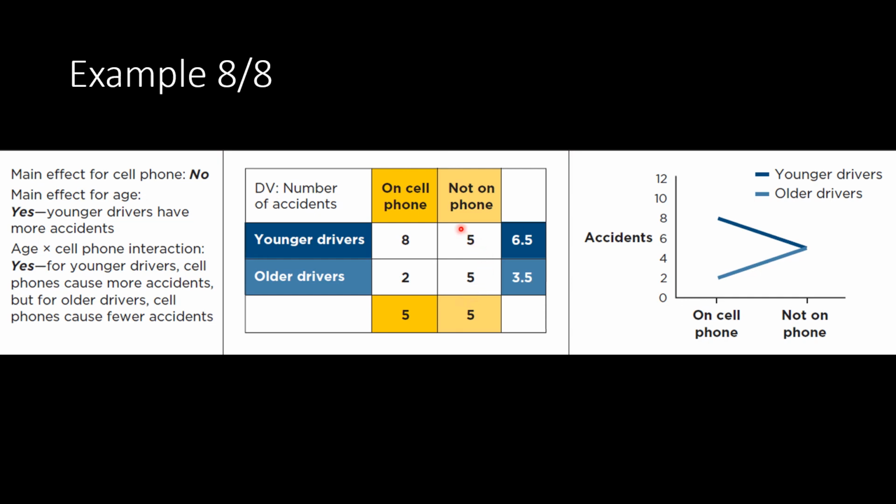Everybody seems to have about the same number of accidents when they're not on their phone, but when younger people are on their phone, they have more accidents. And when older people are on their phone, they have fewer accidents. And so here, again, age is changing the impact that cell phone usage has on people's accidents. You could, I guess, say that cell phone use changes the impact that age has on the number of accidents. That would be fine too.